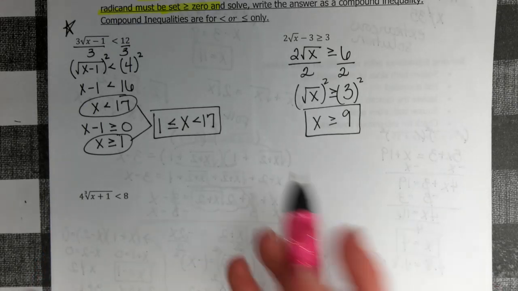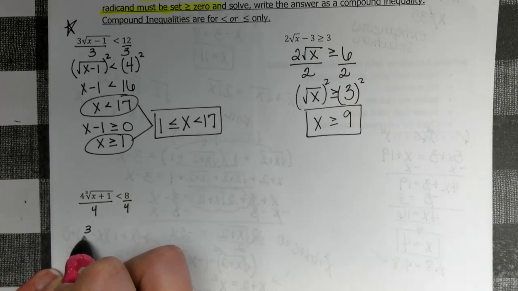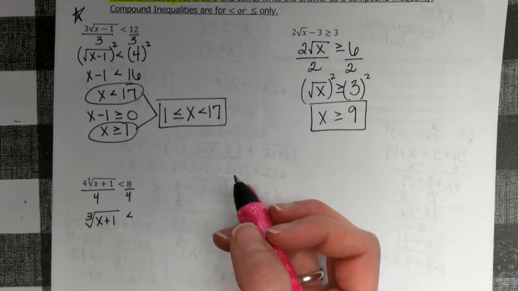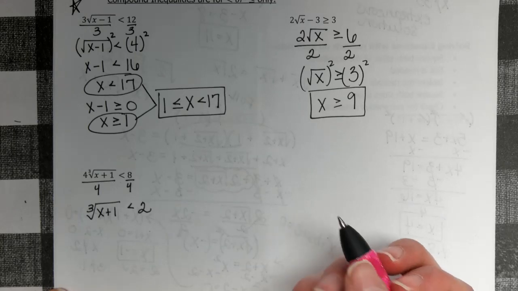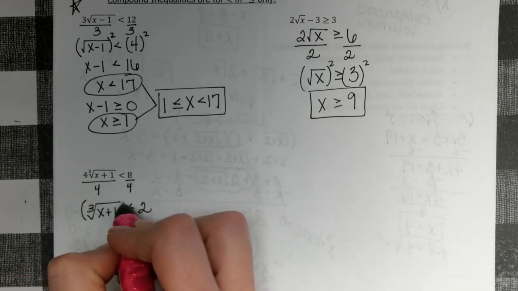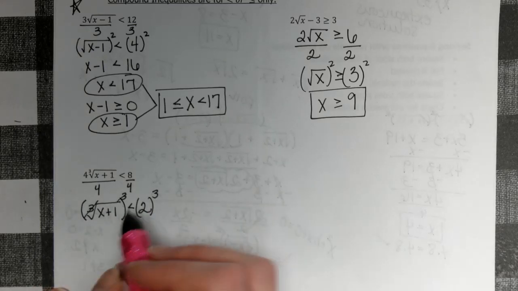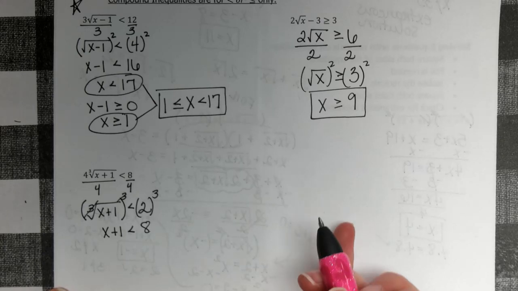Okay? So I just divide by 4. Cube root of x plus 1 is less than 8 divided by 4 is 2. What am I going to do? Cube it. So x plus 1 is less than 8.